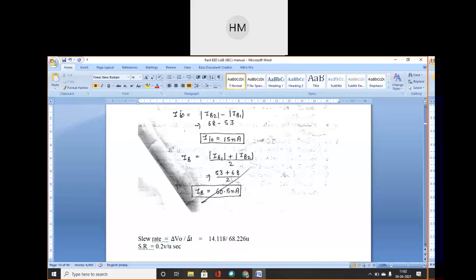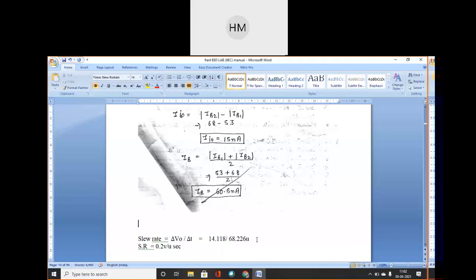So del V naught by del T, I have shown you the figure. Taken output. So in that output, I got del V naught as 13.998. Okay, some students can get 14.118. Whatever value you get, you have to put that value over here, del V naught. Then del T is a difference.